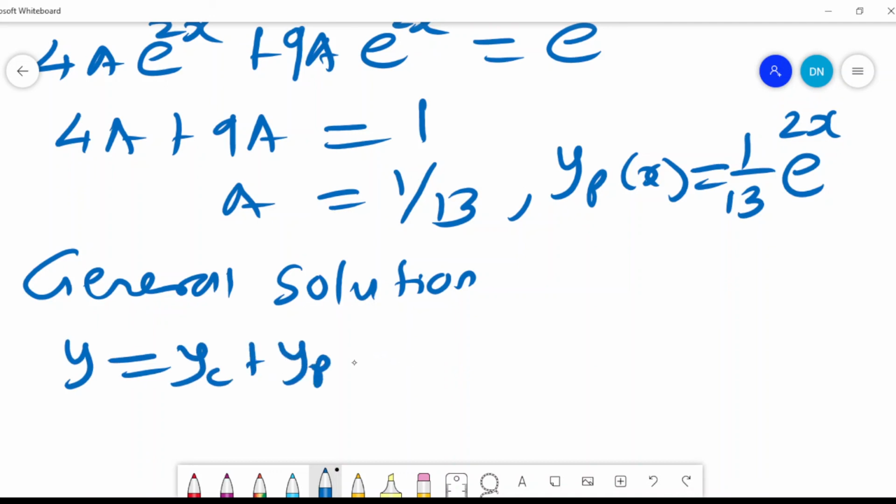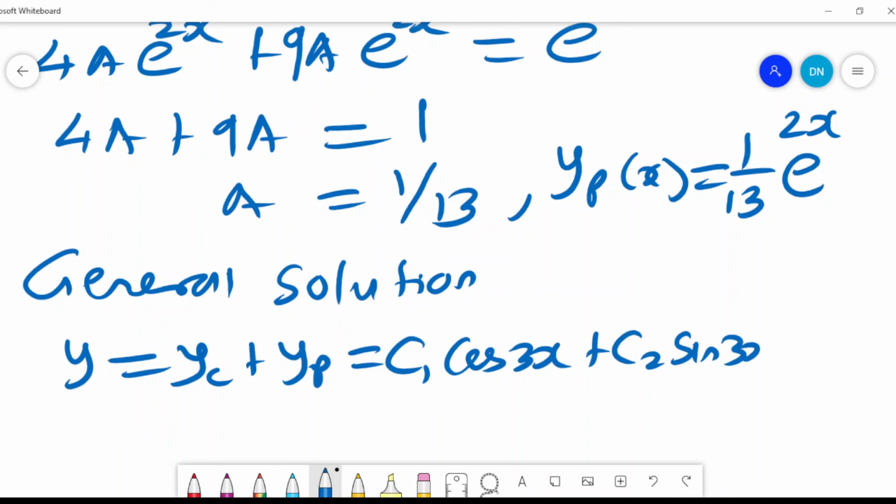That gives me c1 cos 3x plus c2 sin 3x plus e raised to power 2x divided by 13. And that gives us the solution to our non-homogeneous ODE using the method of undetermined coefficients.